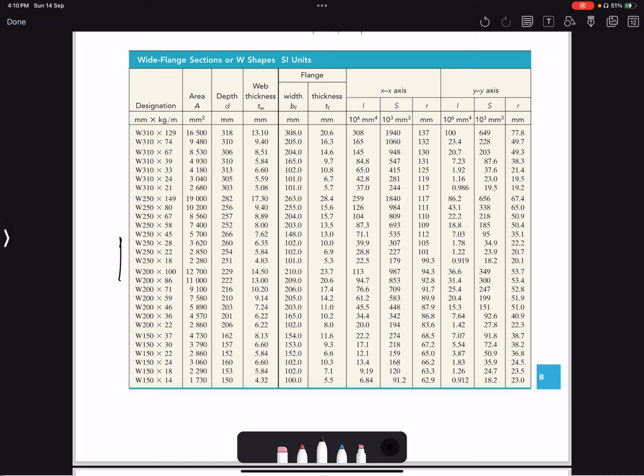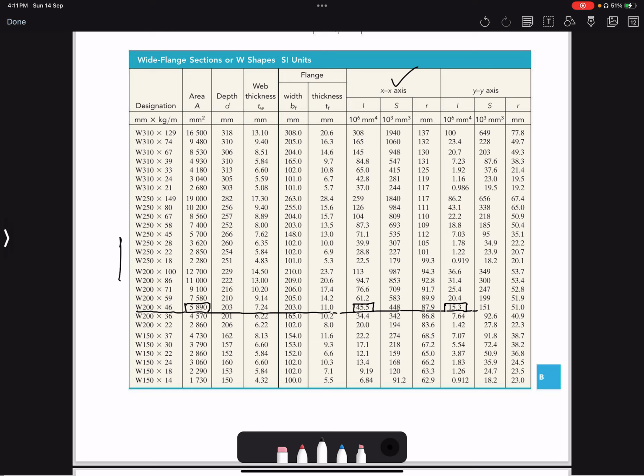So W200 by 46. On this row, you first select the value of the area, then check this Ix and this Iy. So I will write it.